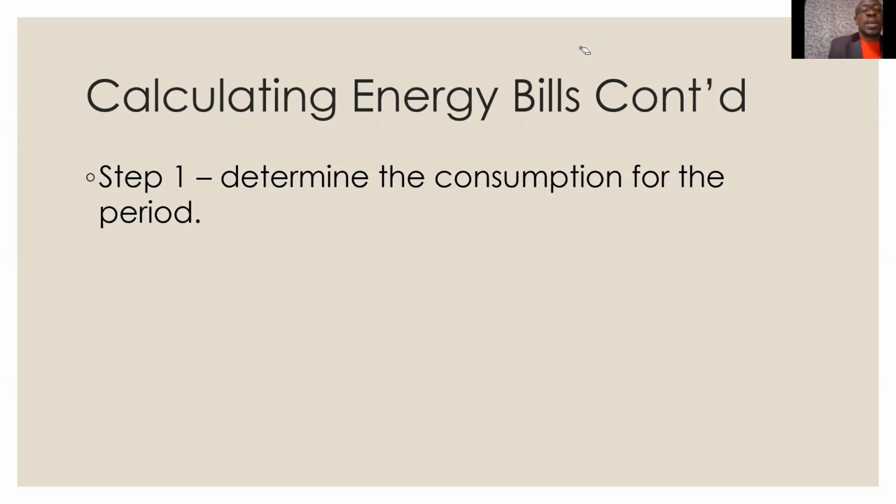Step 1 is to determine the consumption for the period. Consumption for the period would be equal to the current reading minus the previous.